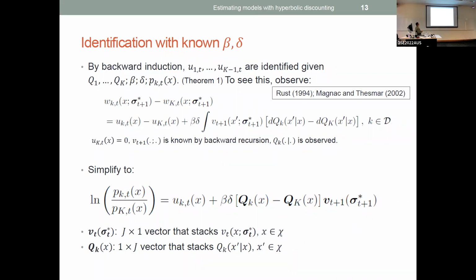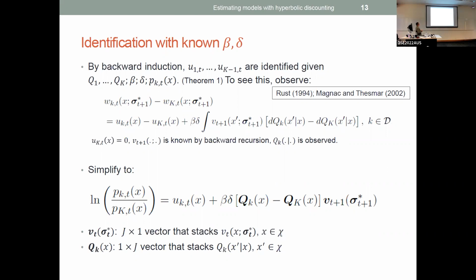By backward recursion, the utility flows are identified given the state transitions, given the CCPs, and given the discount factors. To see this, observe the following.